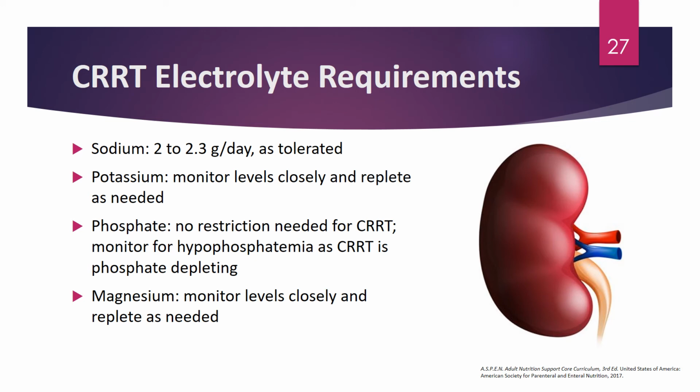You can use appropriate sliding scales if needed to replace these levels of potassium and phos. The same thing goes with magnesium. Magnesium is also going to be taken off with CRRT significantly, as CRRT is running 24/7. So it's obviously important to monitor these levels closely and replete them as needed.